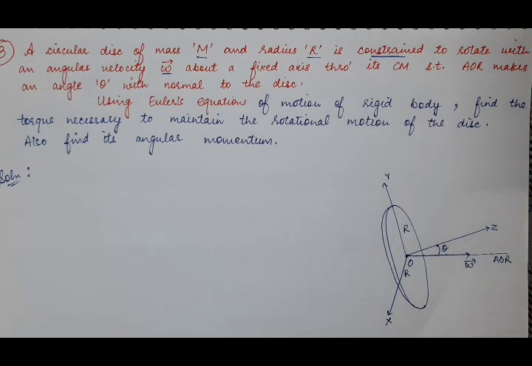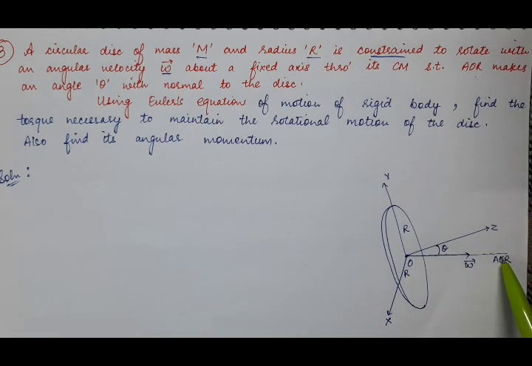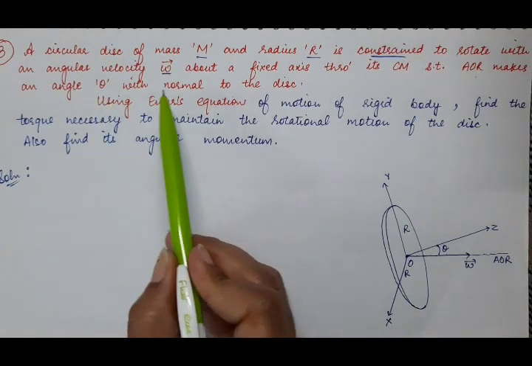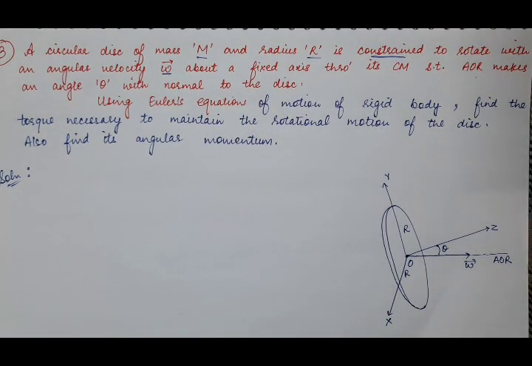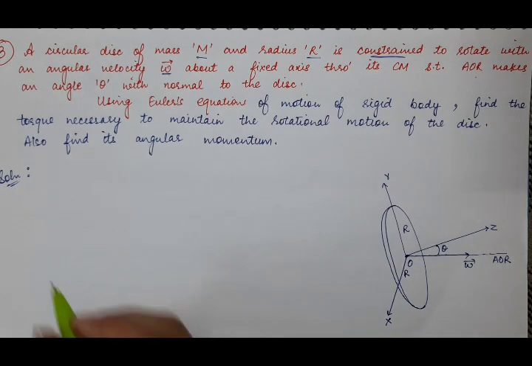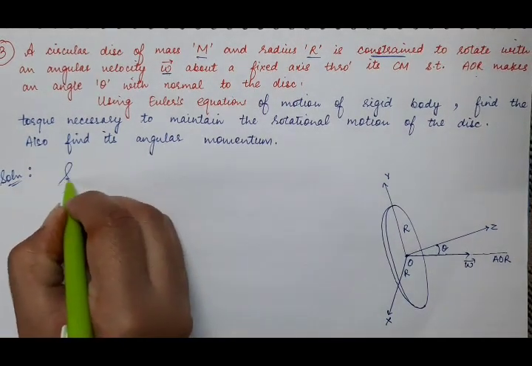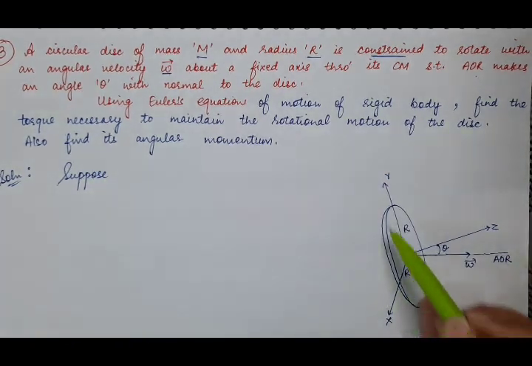One more thing: this axis of rotation makes an angle theta with the normal to the disc. What is the normal to the disc? Normal means perpendicular to the disc. So again, here also we suppose that this circular disc lies in the XY plane.